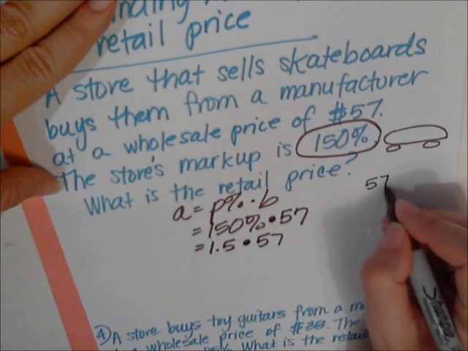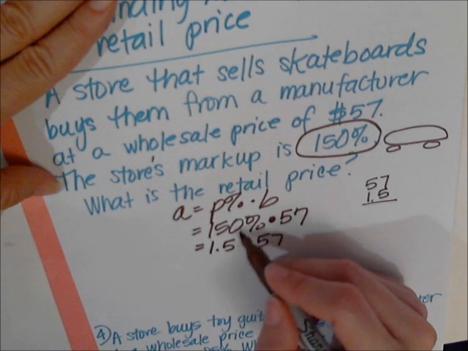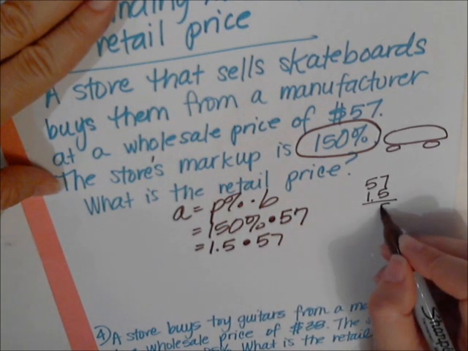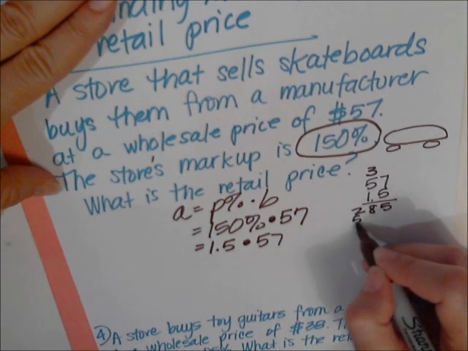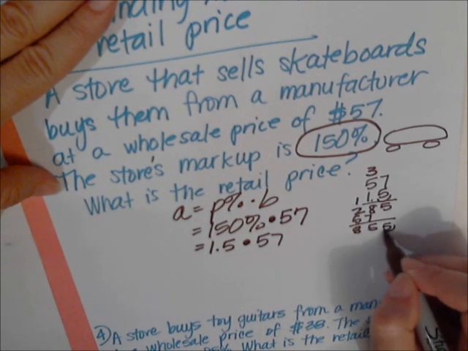Let me do my side work here. Now, 1.5 is the decimal of 150%. So let's see here, 35, 57, 5, 5, 8, 1, 1.